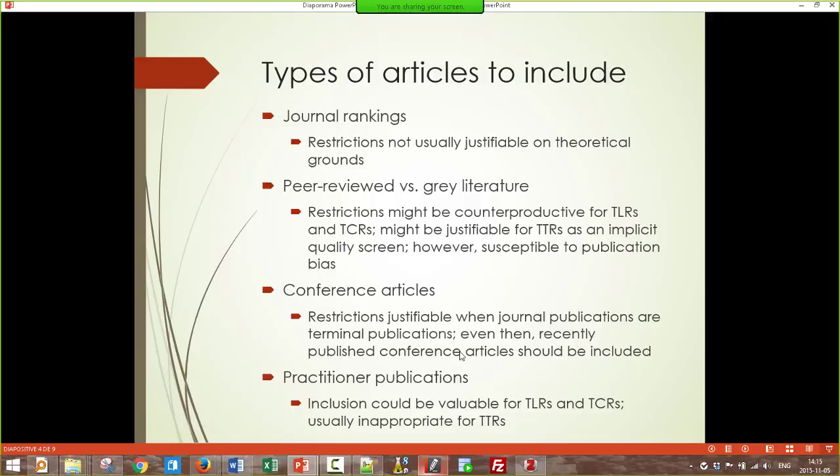However, in computer science, because that's the case, the field does a very good job in indexing conference articles because they realize how important they are. Most of the major conferences and even a lot of the minor ones are indexed in electronic databases that are very easy to access. So if that's the case in your field, likely it's easy to access them.